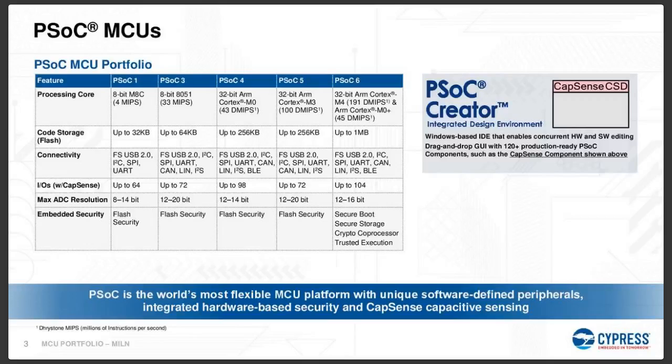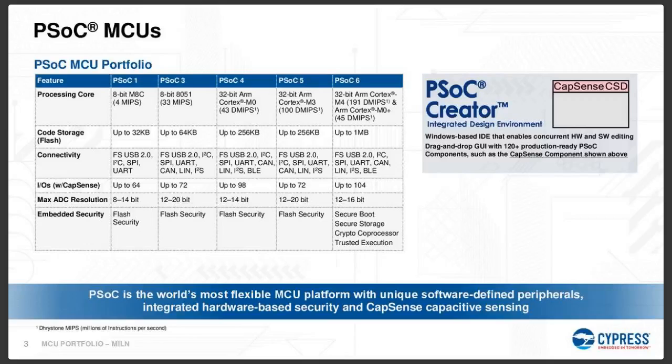All of these parts have some amount of peripheral for serial interfaces like USB or I2C or SPI. There are other capabilities of each of these parts in terms of how much analog capability they have and additional digital capability that they have. And that's what really separates PSoC from other processors. It's that analog capability, that digital capability, and the different connectivity that we have.